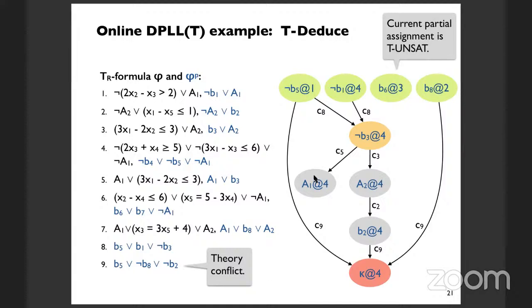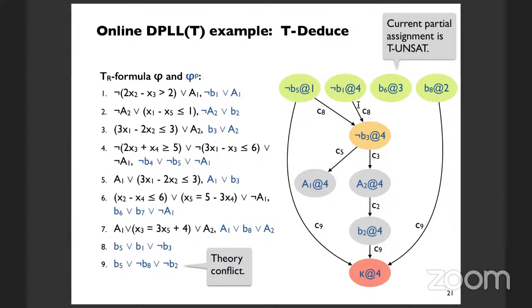So DPLL(T), as you generate partial assignments, will be incrementally asserting atomic formulas into the simplex procedure, viewed as a theory solver, and it has to give, on demand, maybe literals that are implied by it.